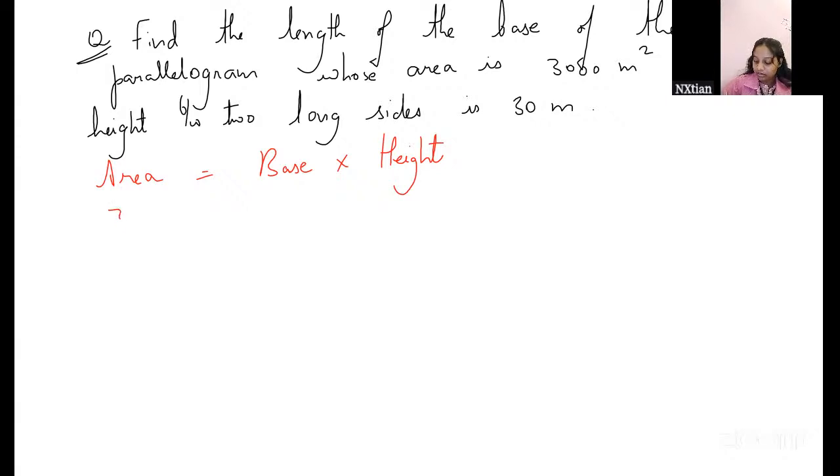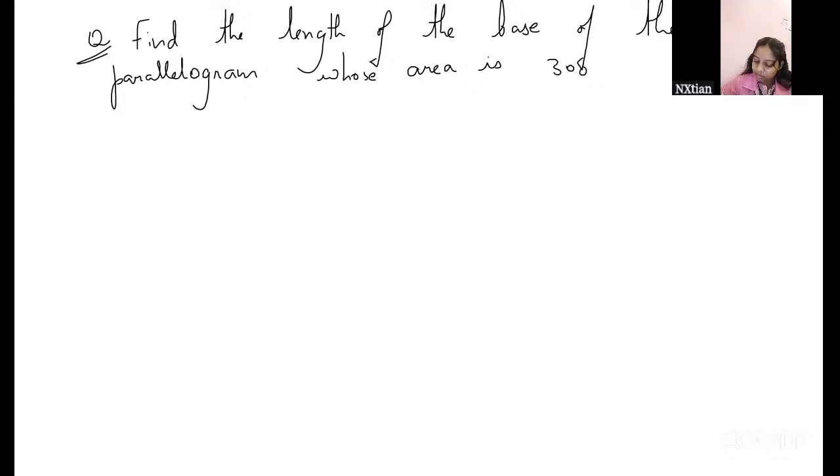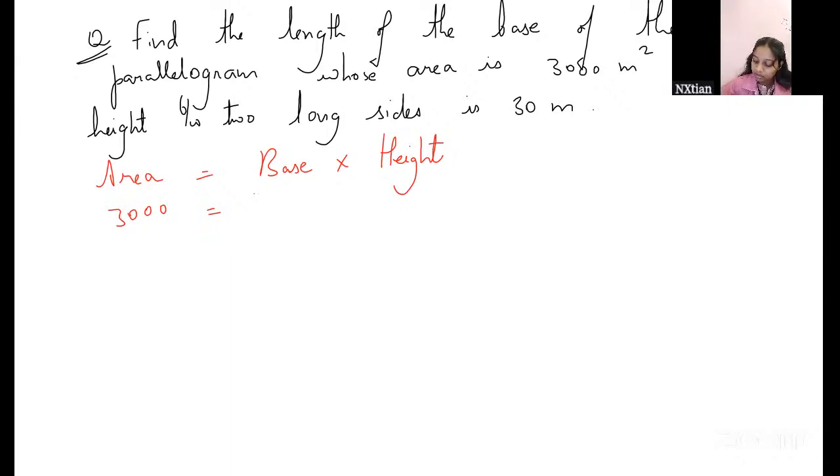Area is 3000 equals base into 30. So 3000 divided by 30 equals the base.